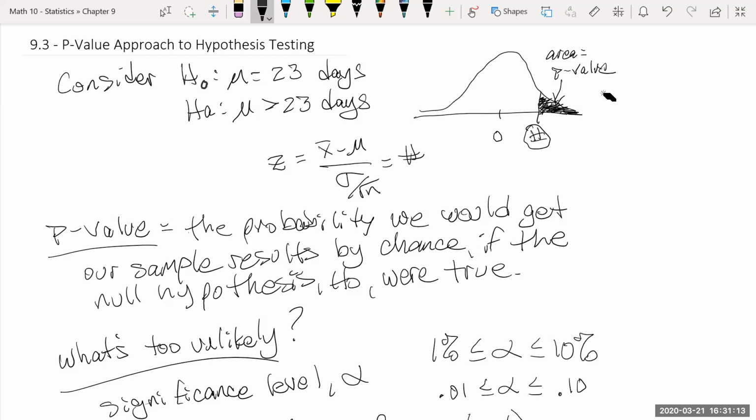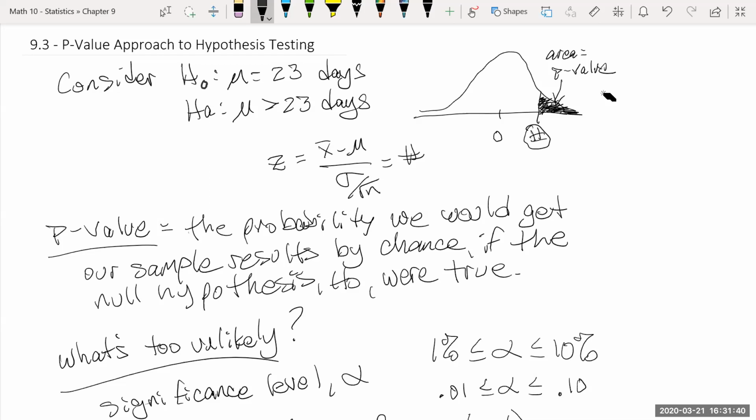So what we're going to do is find our z value. And our z value, remember, is taking our data, whatever we get as our data, our x bar, our sample mean, and using that with what we have as the population mean, which we're assuming to be 23. And then we're going to divide it by sigma over the square root of n, the population standard deviation over the square root of the sample size. That's going to give us some number.